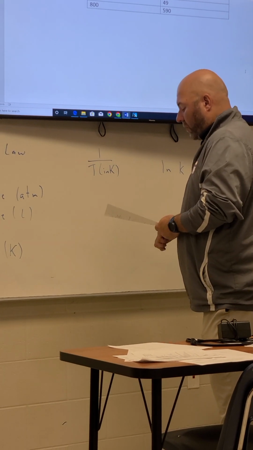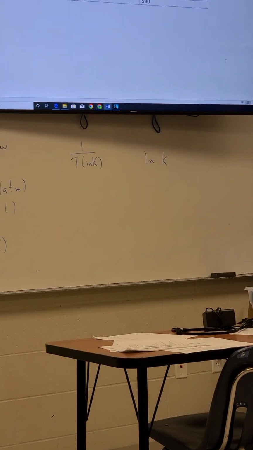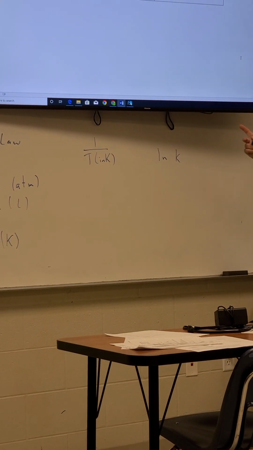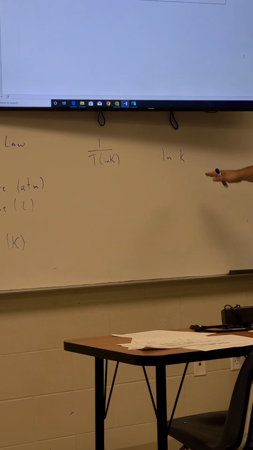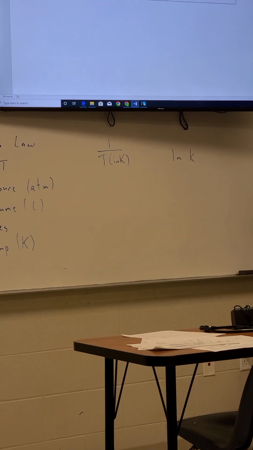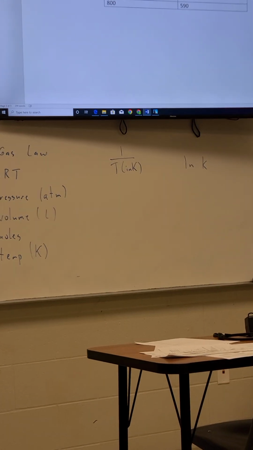So you need to create two new columns: 1 over temperature in Kelvin, and then natural log of K. So I'll show you why.